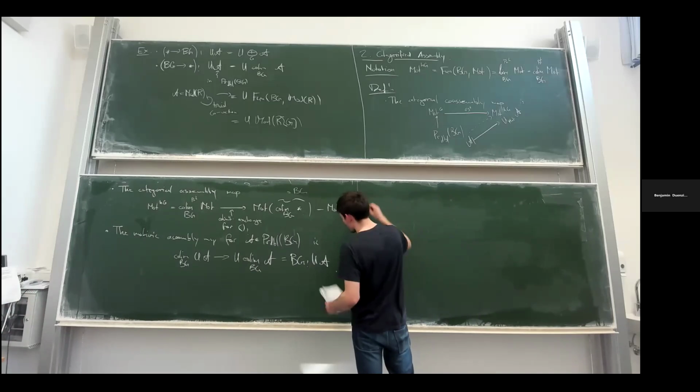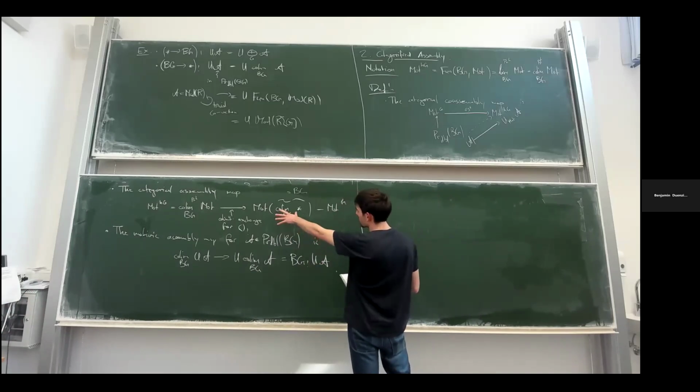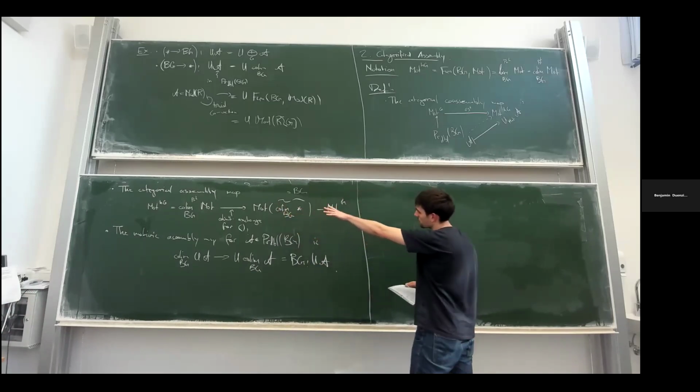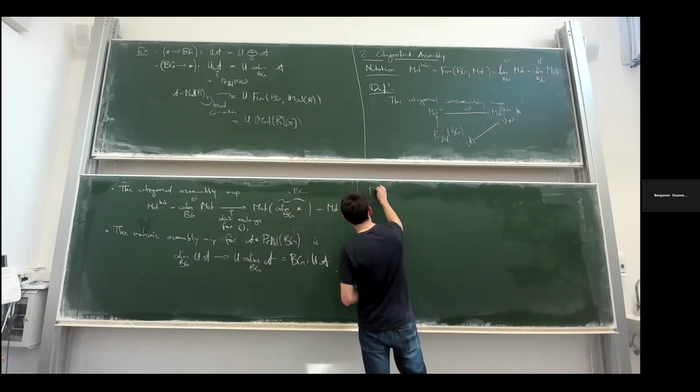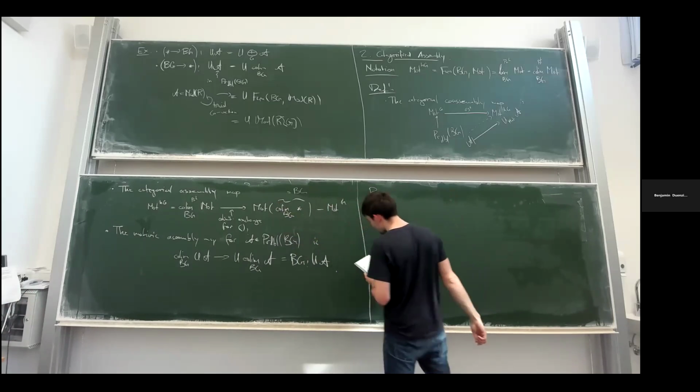Okay, so especially this categorical assembly map is a priori not completely clear how to understand, but this is made clear by the following result.